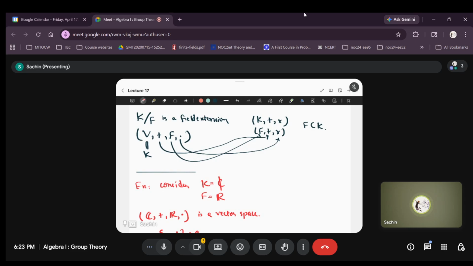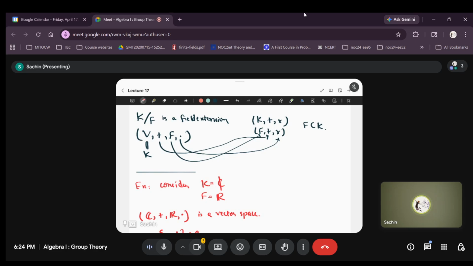Then once you have this vector space, you have a basis for K such that every element in K can be written as a scalar linear combination with scalars from F. Then the size of the basis is the dimension. That is called the degree of K over F when it comes to fields.